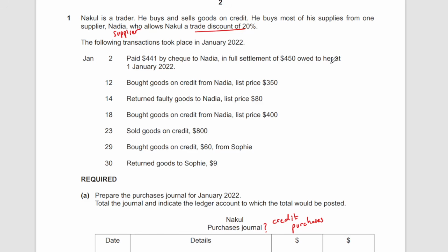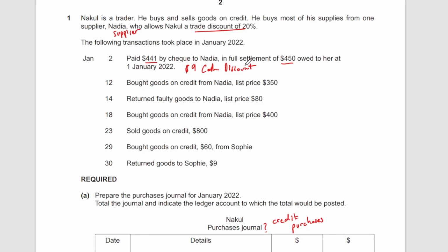Paid $441 by check to Nadia, being Nukul. We are Nukul, right? From that perspective, we paid $441 by check to Nadia in settlement of $450. Now that seems like a trade discount of $9. Oh, sorry, did I say trade discount? A cash discount. That's a cash discount of $9.